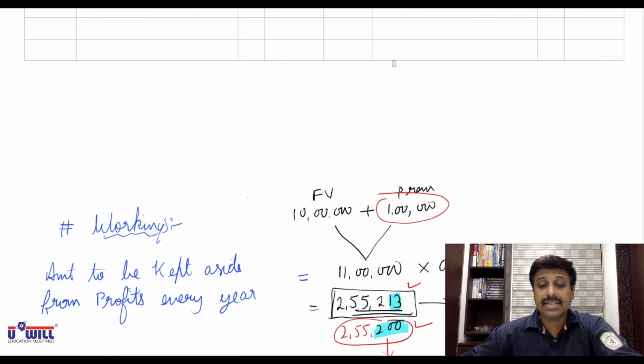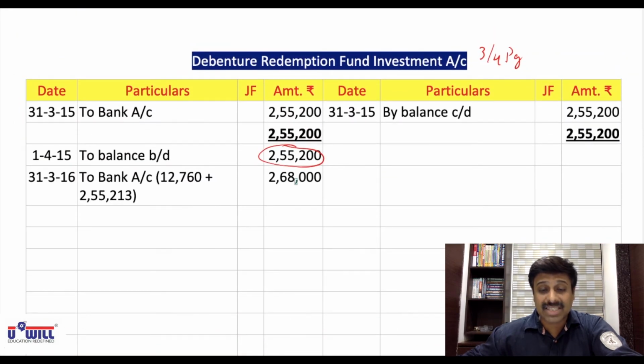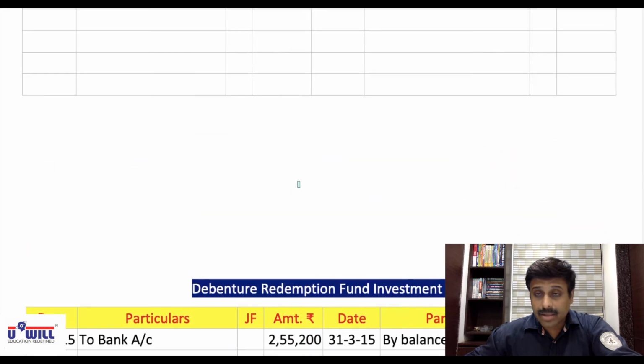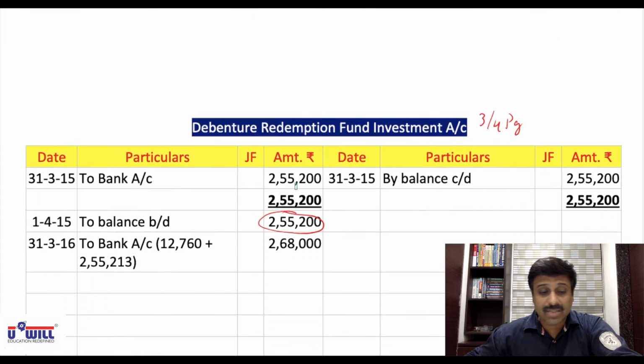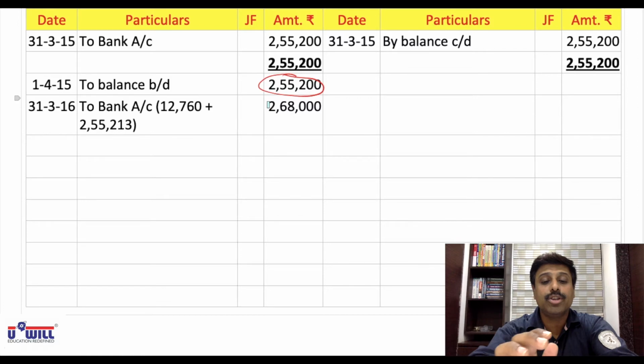Same way in this second year also, the nearest multiple of 267,973 will be 2,68,000.